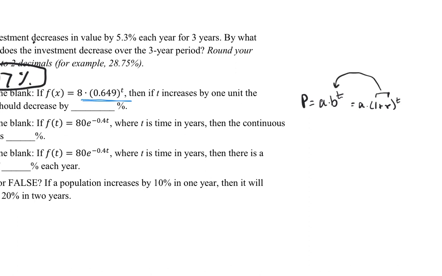Now here, we have 1 plus r equals 0.649. And if we want to find r, which is just the percent, we'd say r is equal to 0.649 minus 1, which would give r equals negative 0.351, or decrease by 35.1%.